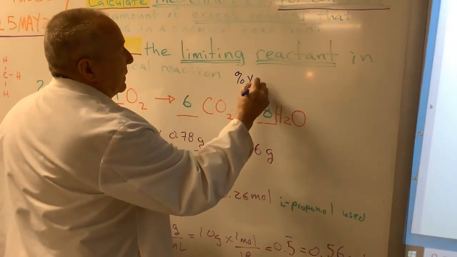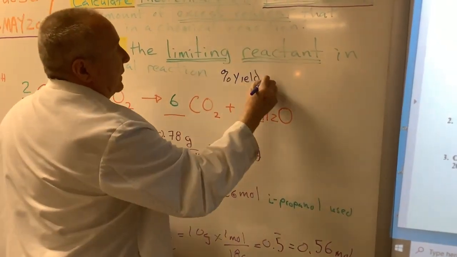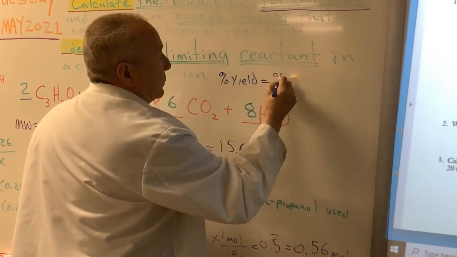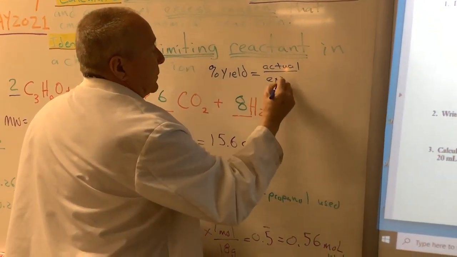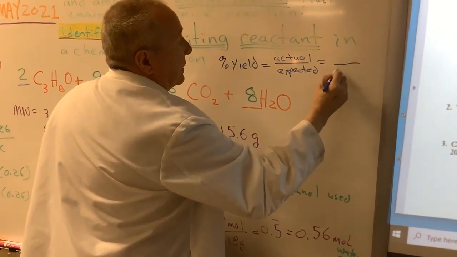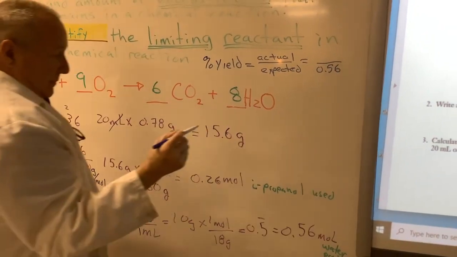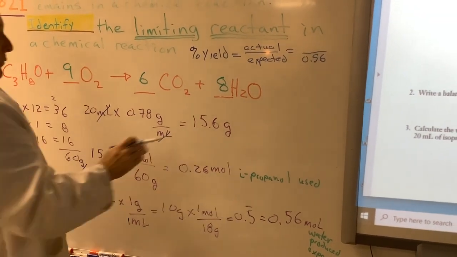Our percent yield is equal to the actual number of moles divided by the expected. We expected, I'm sorry, we expected 1.04 over here.